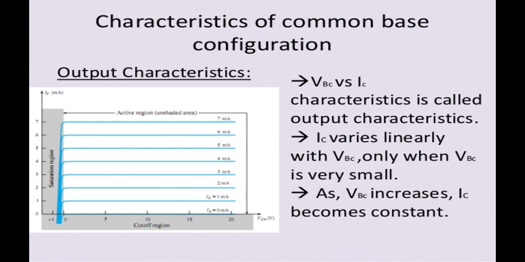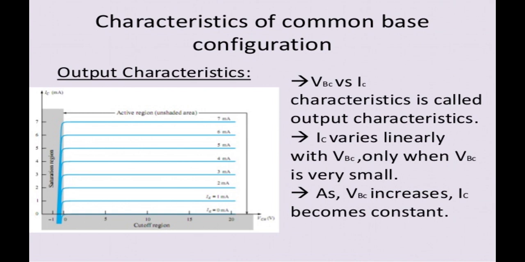So first, whatever points were covered in this lecture, we revise. First of all, what is a transistor, how it is made, how it is manufactured, the formation of the transistor, how many terminals, how many types of transistor, what is the collector, what is the emitter, what is the base, and the characteristics of that.